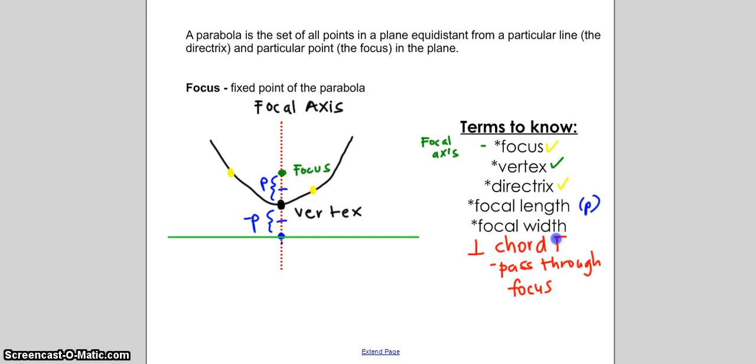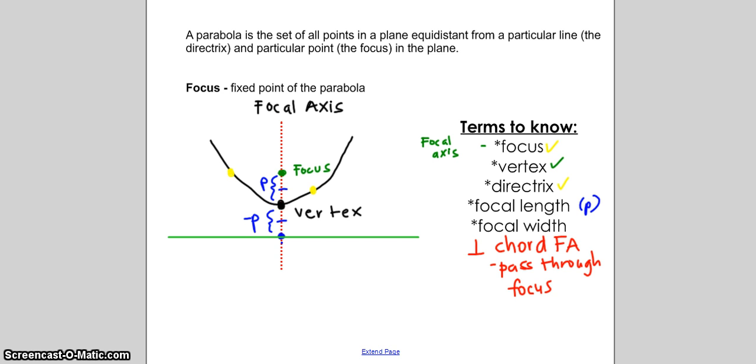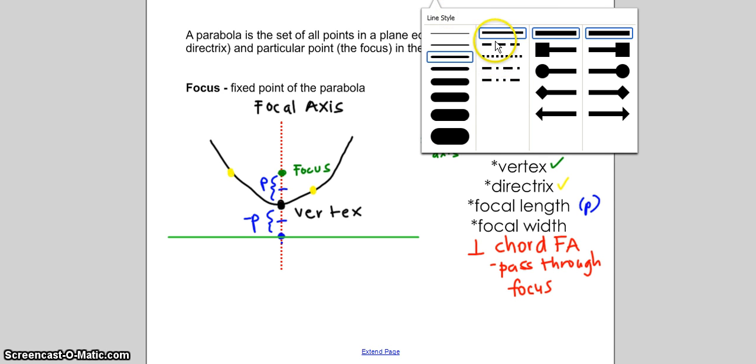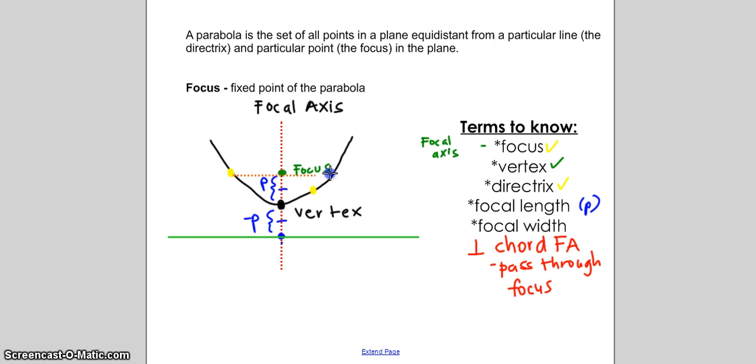He's perpendicular to your focal axis. So here's my focal axis, that dashed red line. My focal width is going to be kind of an imaginary chord. We usually don't see it, so I'm going to make him a dashed line again. We'll make him orange. He's going to pass through the focus, be perpendicular to our red line, so from here to here.